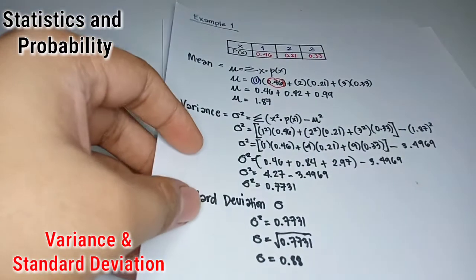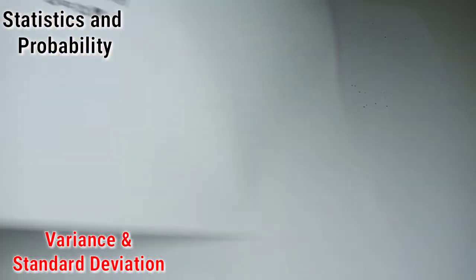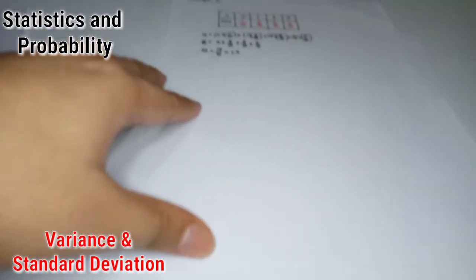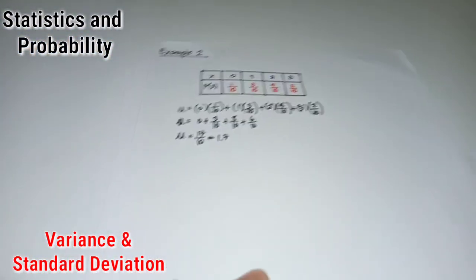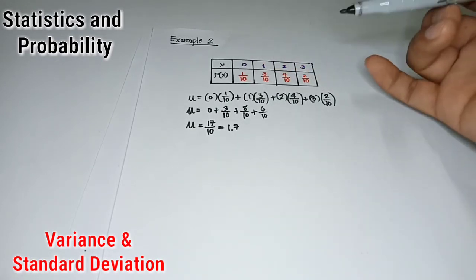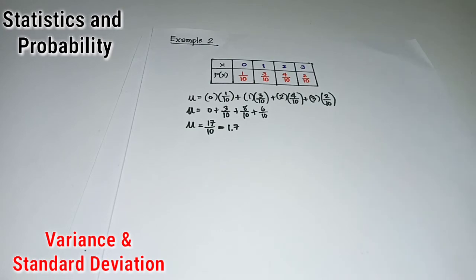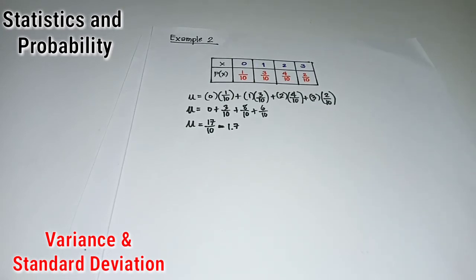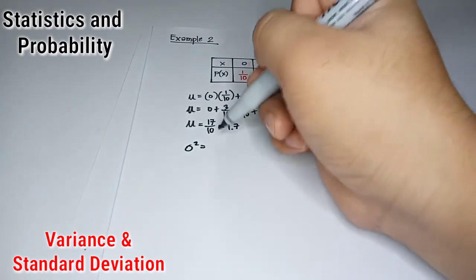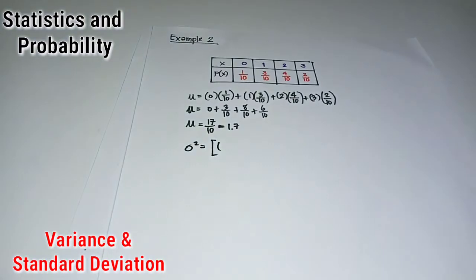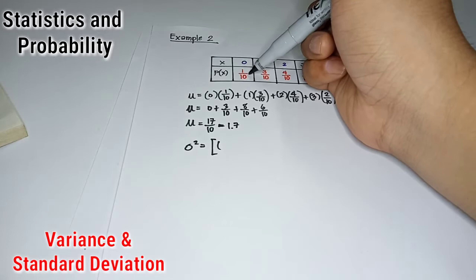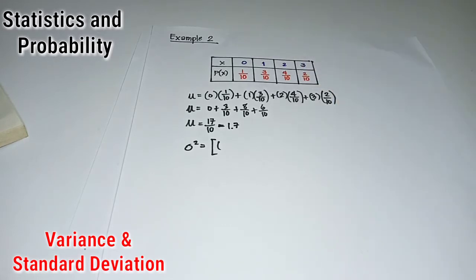Let's proceed to another example. Let's go back to our example number 2. We have here example number 2 with this distribution. Our probabilities are in fractions. So we'll compute variance is equal to, we'll have to square first the value and then multiply it by the probability.